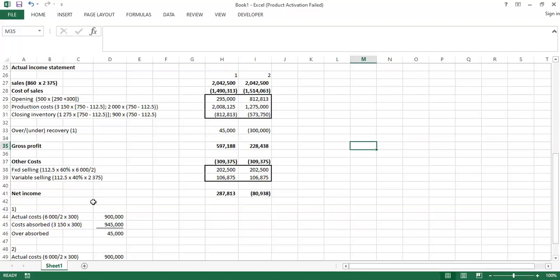So the other costs seem to have been the same. I think what could have contributed to the loss on this one here, right, we had sales. Let's look at how much our closing inventory was. We had less closing inventory there. Less manufacturing cost there.